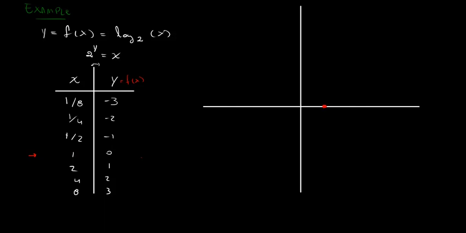And I'm going to leave it to you to make the exact plot with the table of values. I'm going to do just an approximation. The function will look something like this. It's going to come from -infinity here, pass through this point, and then here go again to +infinity.